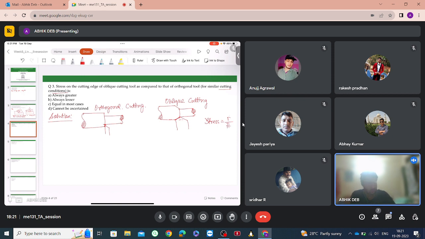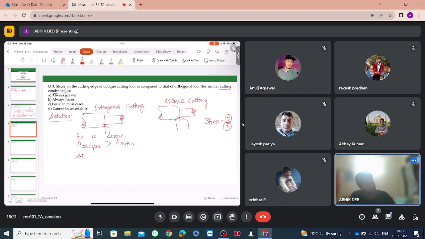The force is same, cutting force is same, area is more in which one, oblique cutting or orthogonal cutting? Oblique cutting. Yes. So area in the oblique cutting is more than the area in orthogonal cutting. Cutting force is same. Then from this ratio, can you tell me which one will have a greater value of stress? Oblique.